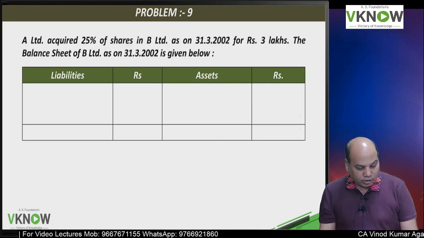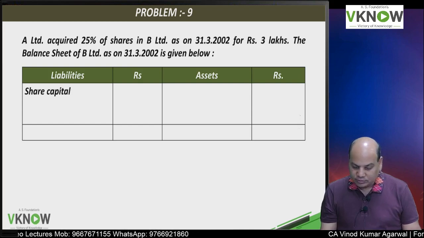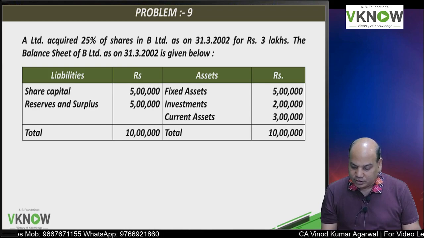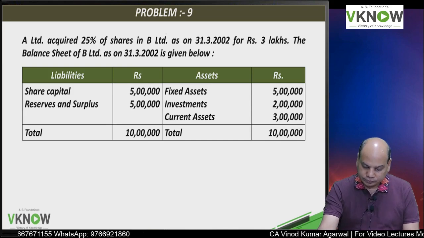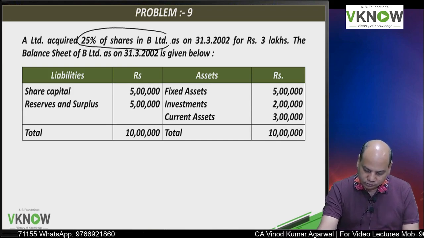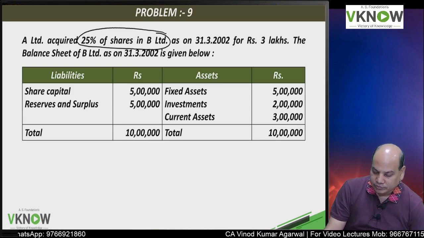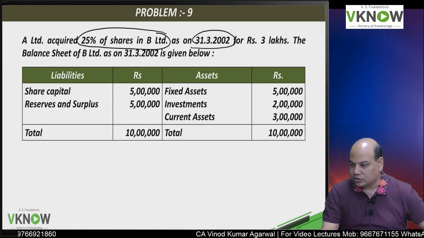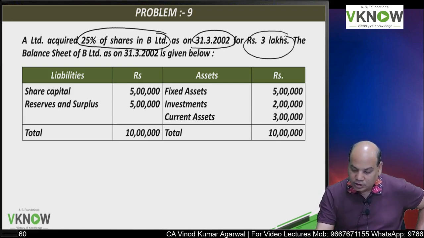Okay. Question number 9 from your study material. A Limited acquired 25% share in B, dated 31st March 2002, for rupees 3 lakh.